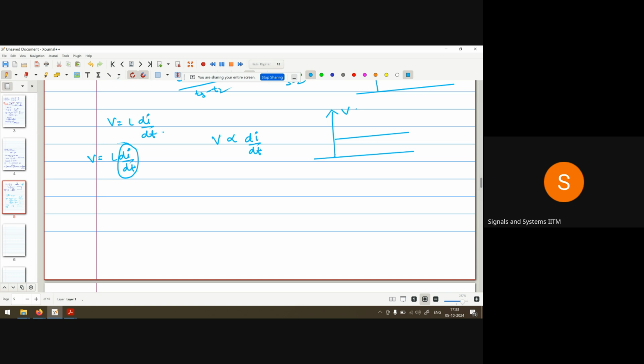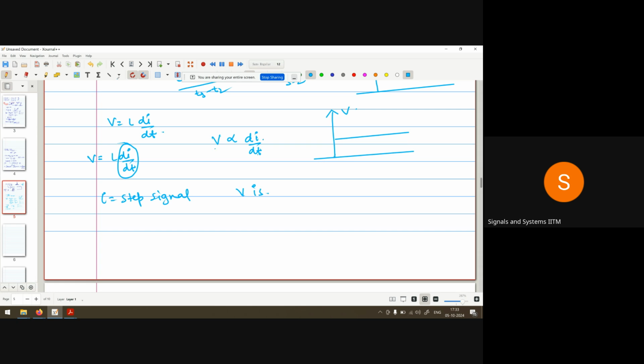Now, if I is a step signal, which type of signal is the voltage? I is the step signal. The differentiation of the step signal is the impulse signal.